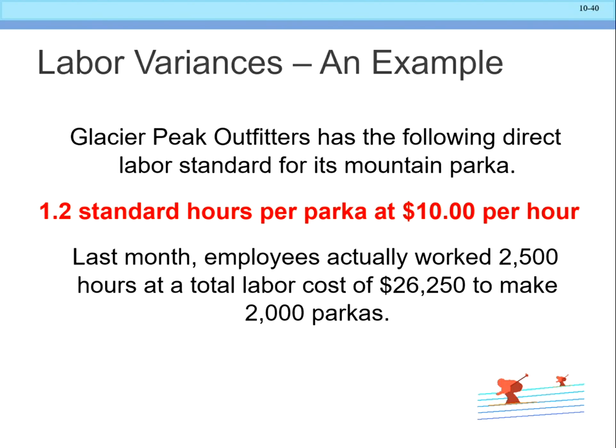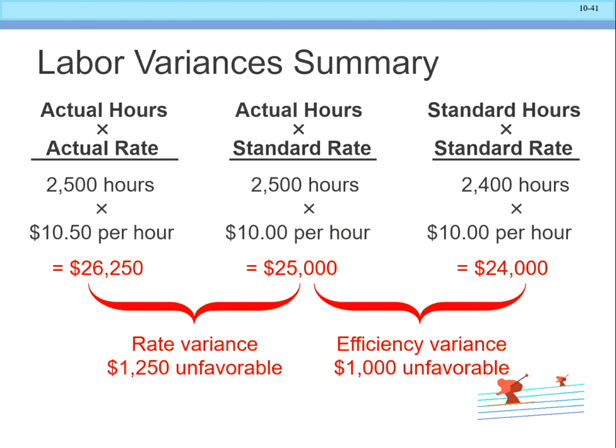What we want to do is to understand what led to this. Did we use more hours than we planned, or did we end up paying a higher price for wages than we planned? Let's start with the rate variance. For the rate variance, we take the actual hours times the actual rate.